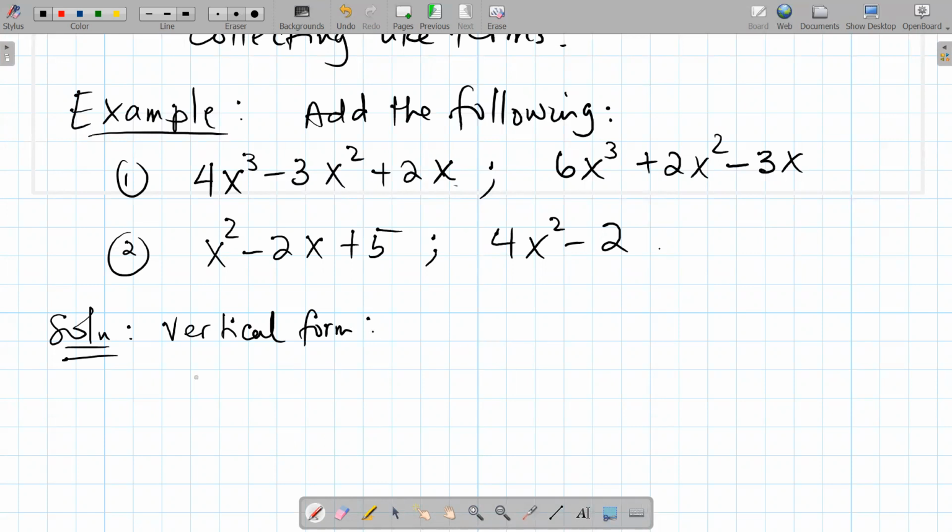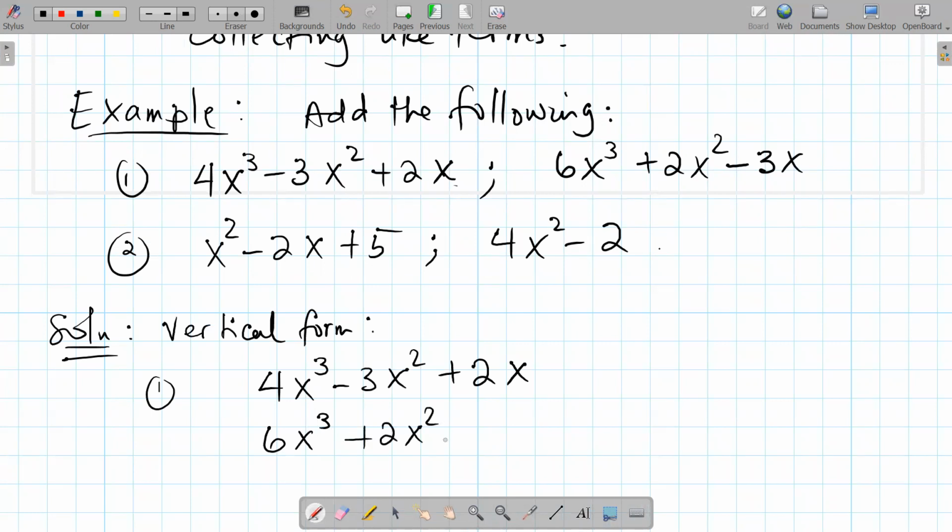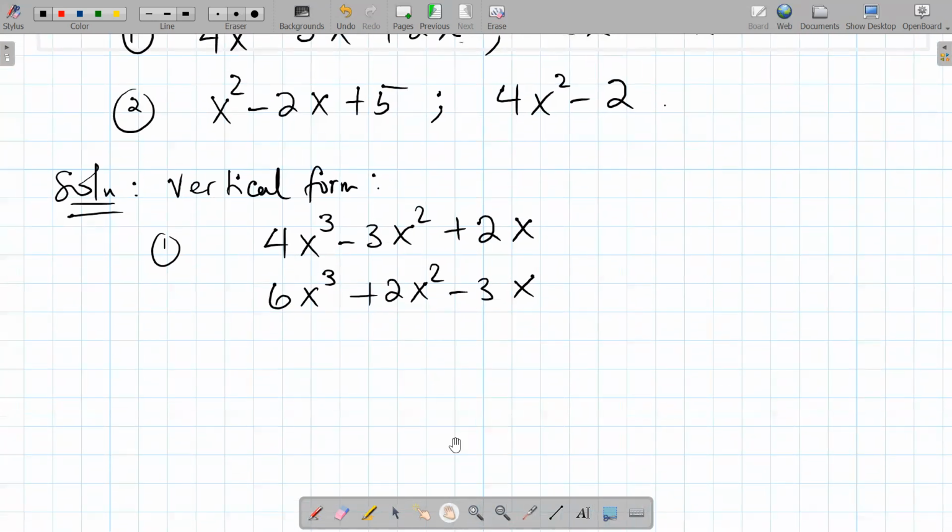So I'll have, for the first one, 4x cubed minus 3x squared plus 2x. And then I have 6x cubed plus 2x squared plus 3x. Remember that the aim will be to add. So this is my plus sign, means I'm adding.